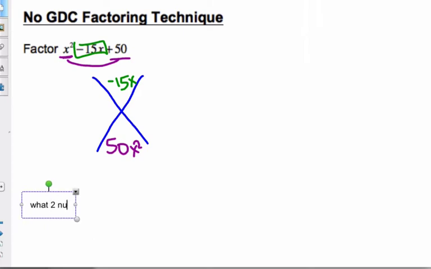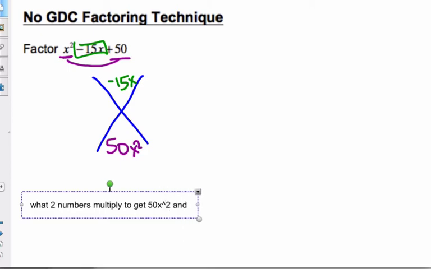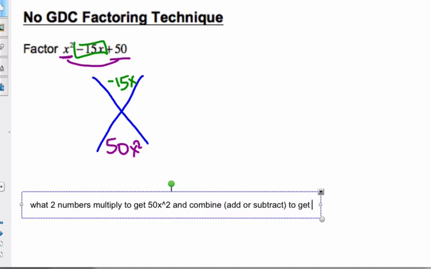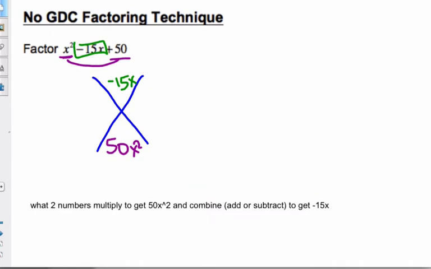What two numbers multiply to get 50x squared and add or subtract, combine, to get negative 15x? This is my magic question I need to ask myself.